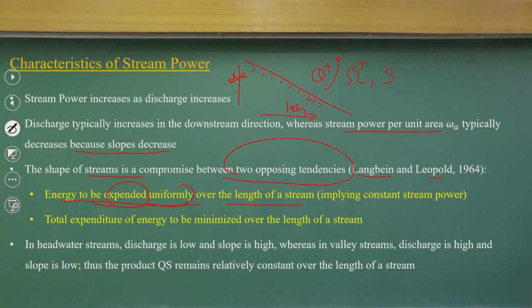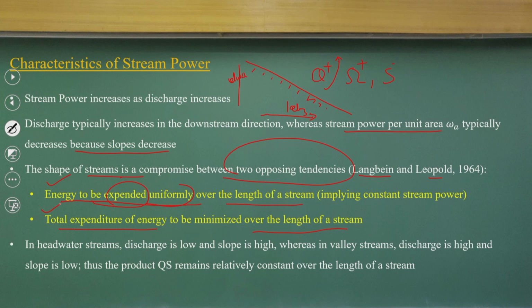Or it will have a constant stream power, or you can look at it as the river always trying to minimize total energy expenditure over the length of the stream. Based on these two hypotheses, there are a lot of studies, which we will discuss, about the lens concept, and all of them follow these two hypotheses, derived by observing how the river behaves.